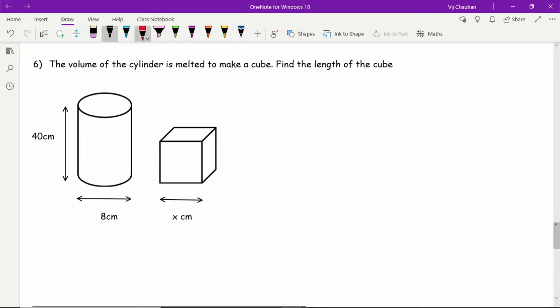So the first thing we need to do is work out the volume of the cylinder.